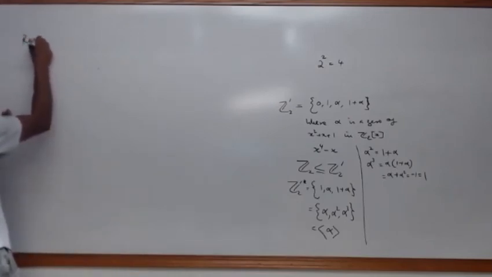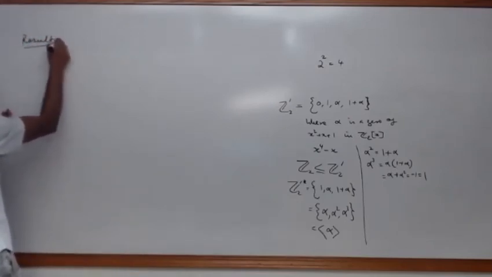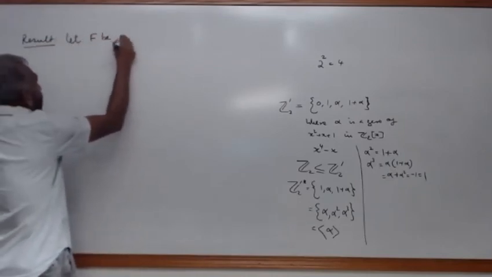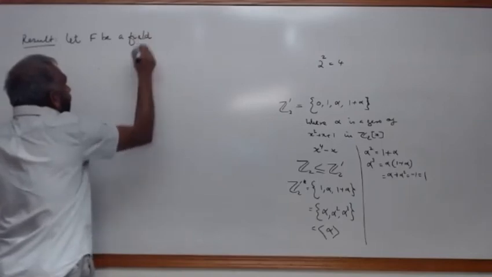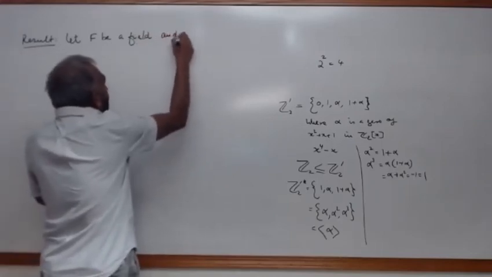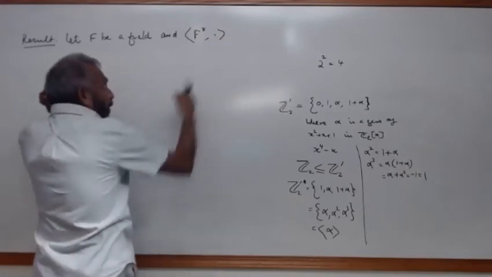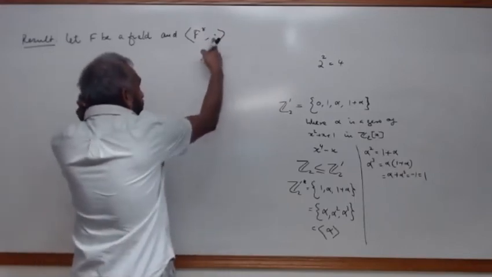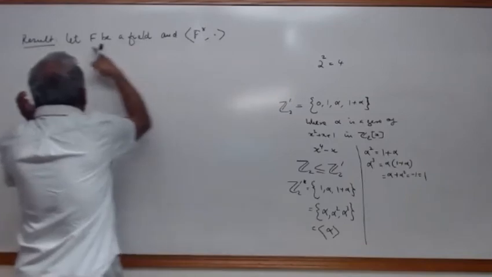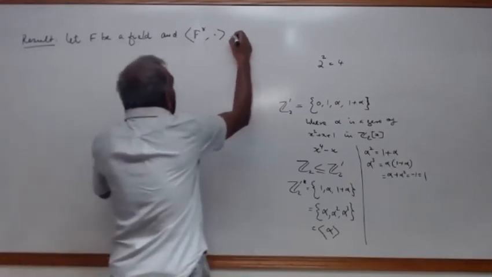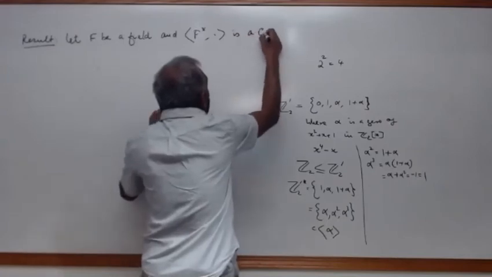I'm not going to prove this, but the result is, let F be a field, and F star, with the multiplicative binary operation of the field, is a cyclic group.